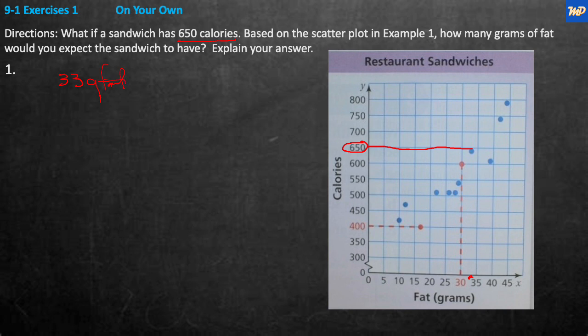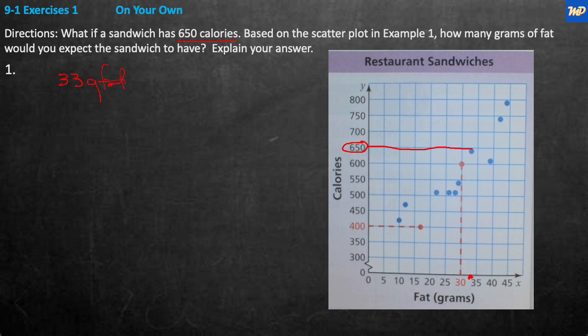Well, because if you take the 650 and go across till you hit, it's a spot that's on the graph. It's in line with the rest of the data. It's not an outlier, it's not some odd crazy dot. It looks like the rest of them. So I would expect that if I had a sandwich that was 650 calories, it would come down here and meet somewhere in this 33 fat gram range.